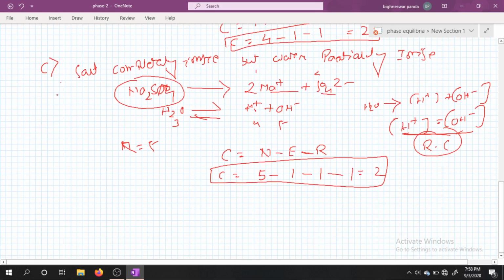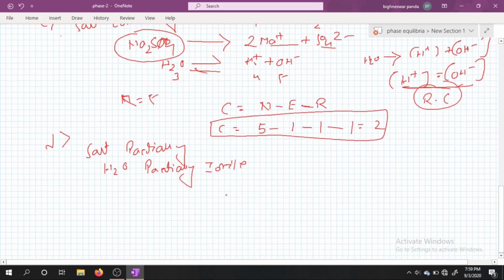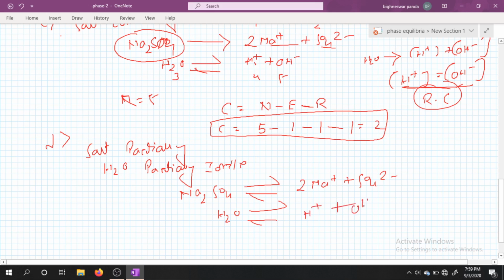If I am considering salt partially ionized and water partially ionized, salt partially ionizes and water partially ionizes, then I can simply write Na2SO4 gives rise to 2Na plus, SO4 2 minus, water gives H plus plus OH minus.